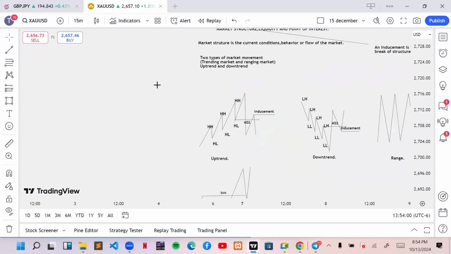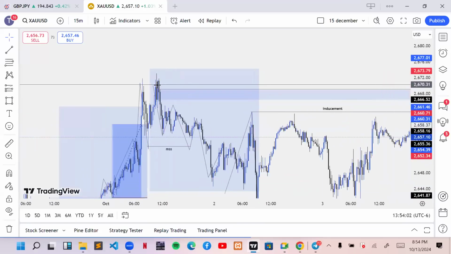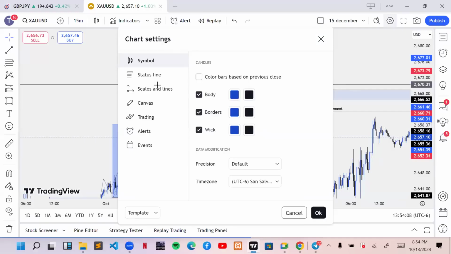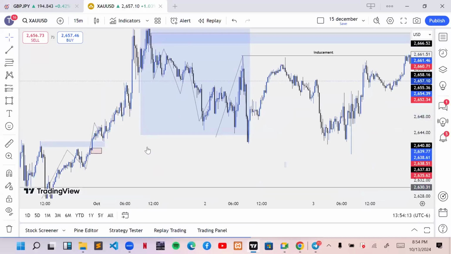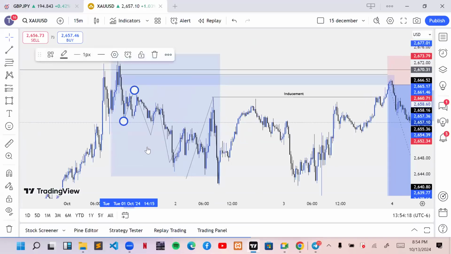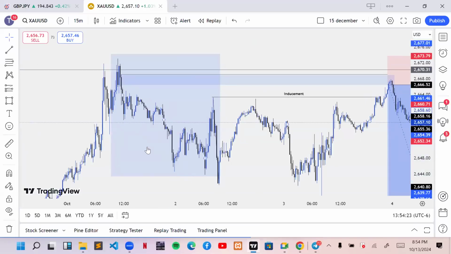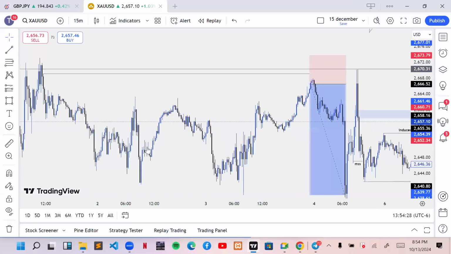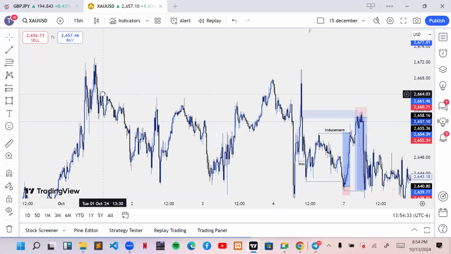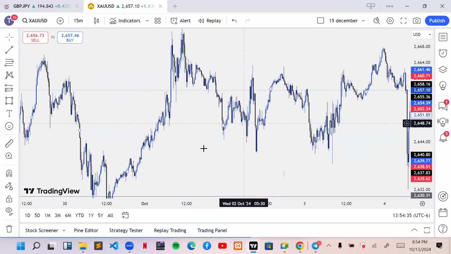So let me go to one setup. When I analyzed this setup, this is what I did.